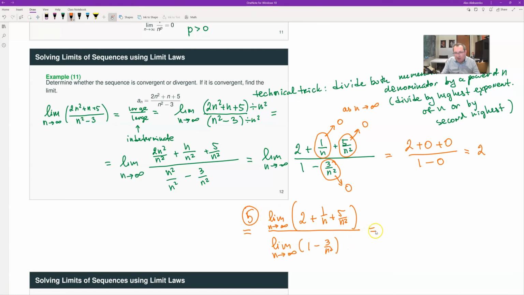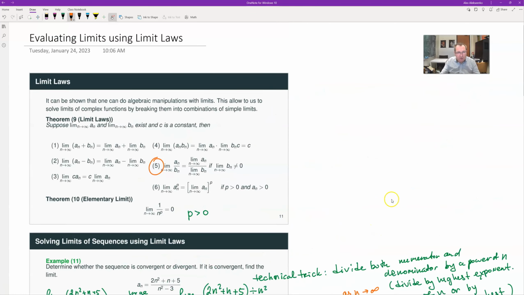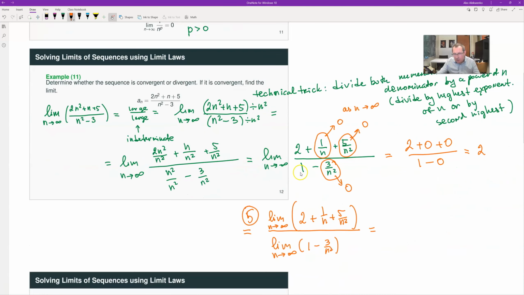We then applied laws 1 and 2 in combination in both numerator and denominator to break this fraction into the following. Limit as n goes to infinity of just 2 plus limit as n goes to infinity of 1 over n plus, let me continue here, limit as n goes to infinity of 5 divided by n squared.